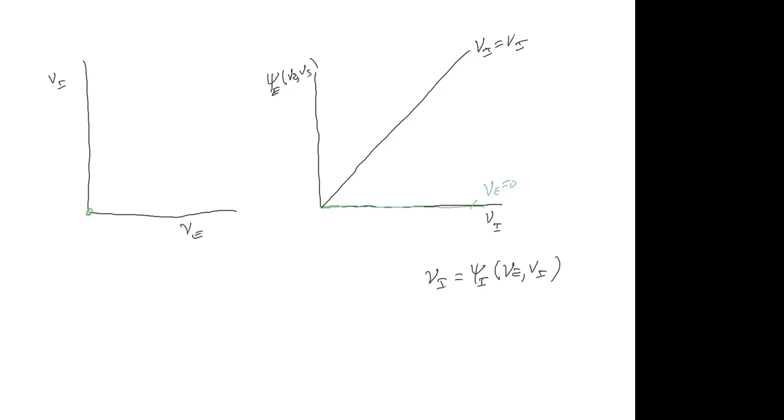But now we increase nu E a little bit, say to 1 hertz. Actually, I should do a little more accurate job with these curves. They should fall off kind of steeply. So this is nu E equals 1 hertz, and that corresponds to a point right here. Then you can do the same thing. It's sort of simple.